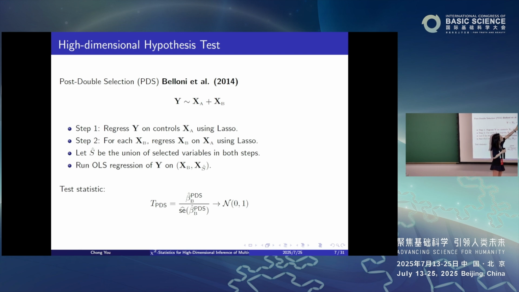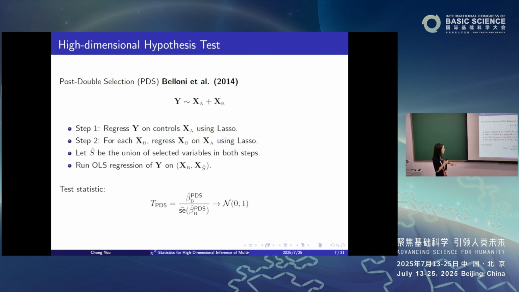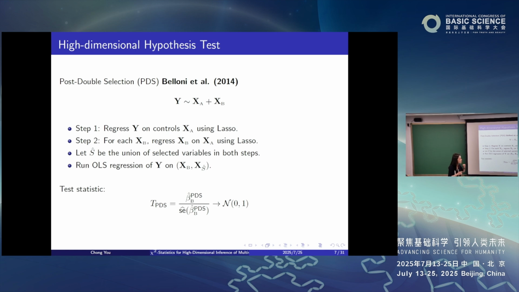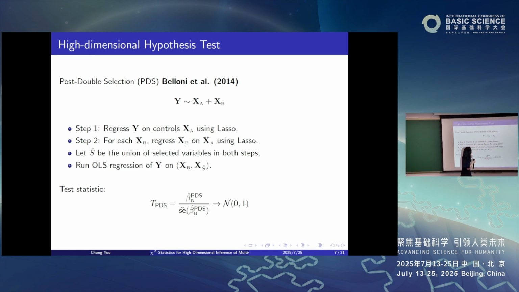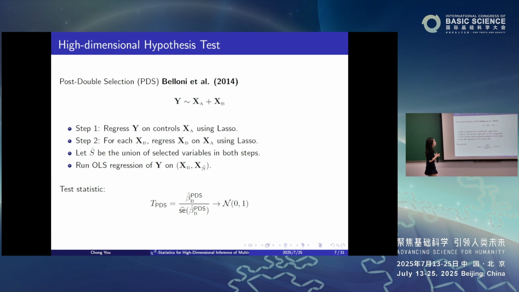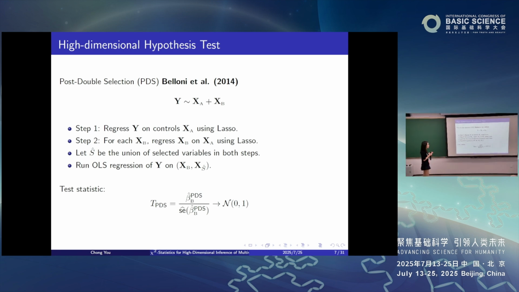This one is n times q, and q is less than n. That's our assumption. So the problem is when p is greater than n and XA and XB are correlated. In this case, if we omit XA and do the regression between Y and XB directly, the coefficient will be biased due to the correlation between XA and XB.